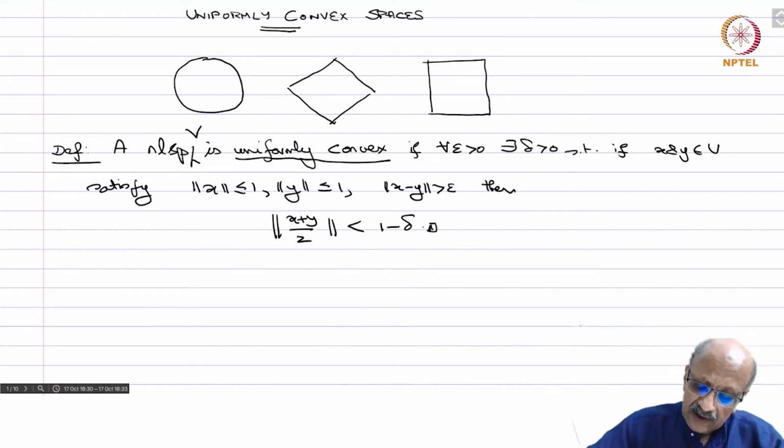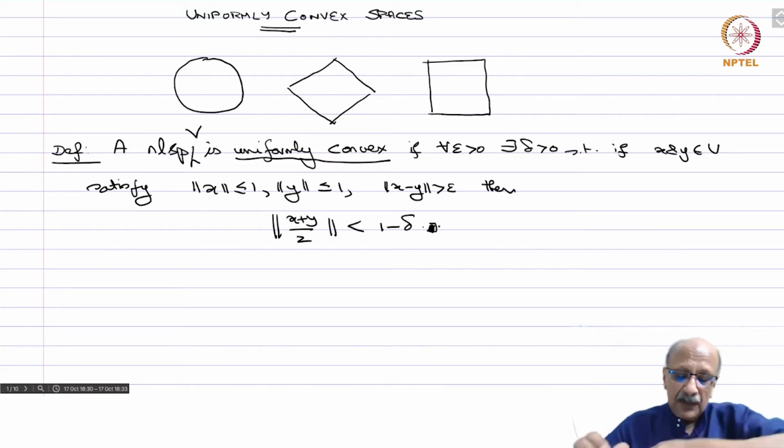So let us understand it briefly. Though we have said norm x less than or equal to 1, norm y less than or equal to 1, actually the important thing happens near the boundary. Suppose I have 2 points on the boundary of the unit ball, so norm x equal to 1, norm y equal to 1.